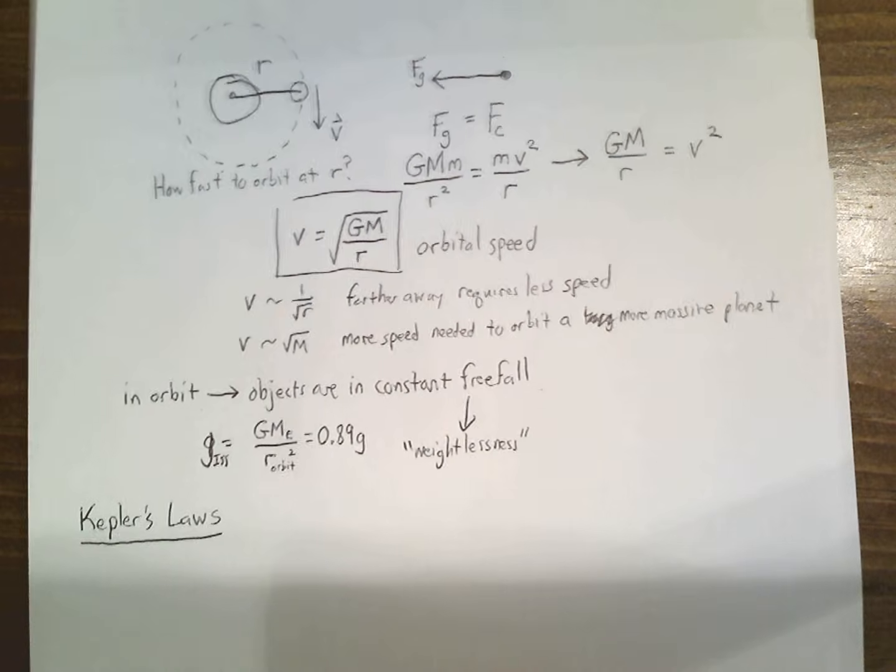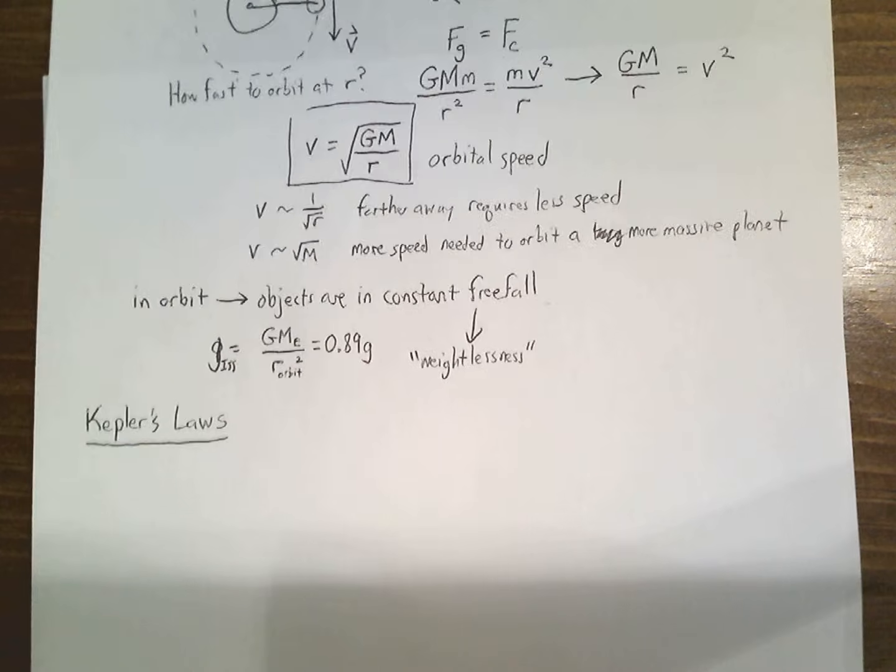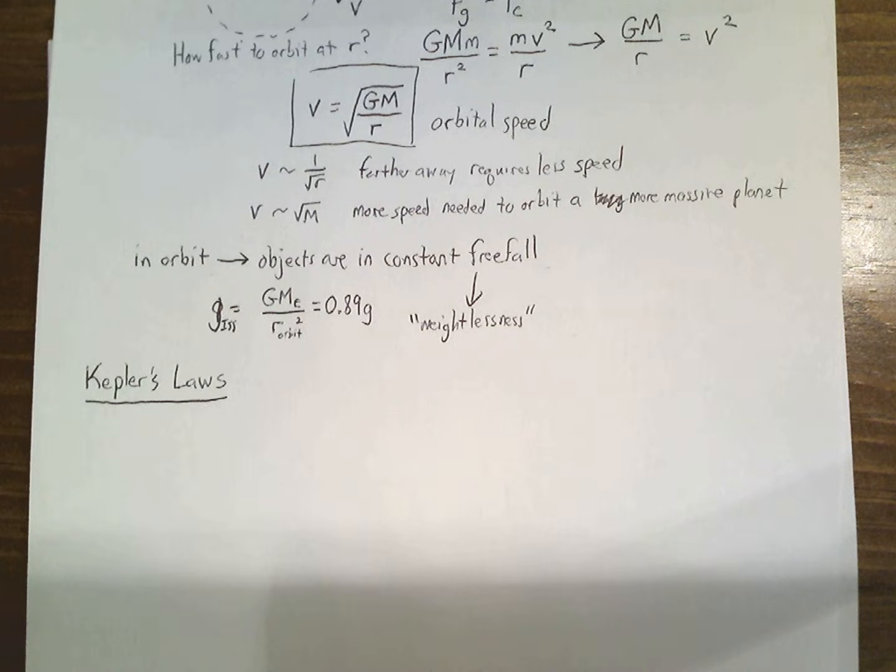We modeled an orbit up here with a circle. It turns out that from all the observations and all the number crunching that Kepler did, he found that most planets actually move around the sun in an elliptical or oval shaped orbit. Earth's actually is pretty circular, by the way. It's really close to being a perfect circle, but it's not quite there yet.